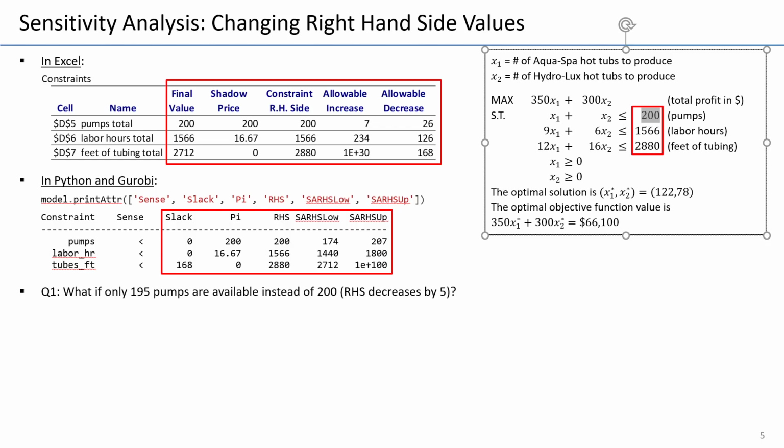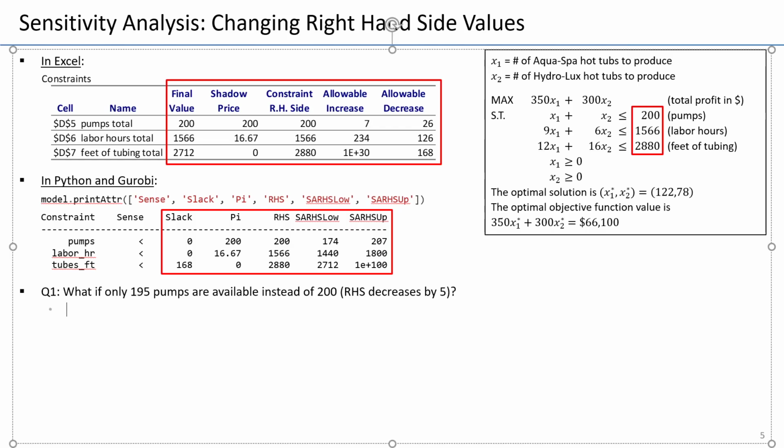But obviously, we could ask a lot of questions like this and generate a lot of slightly different models with slightly different data, and solve them. And we would have a lot of cases, and we wouldn't learn much because there would be just too many examples. But here we have some meta information, in very concise format in the sensitivity report, and we can answer many questions like this just from this data, right?